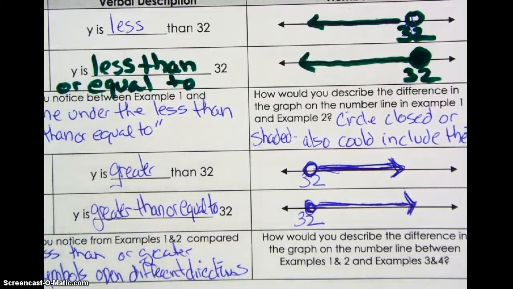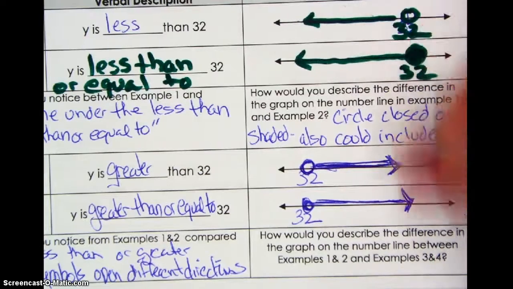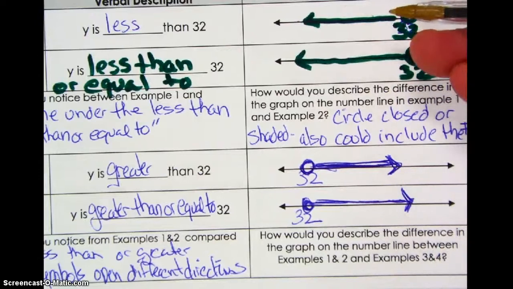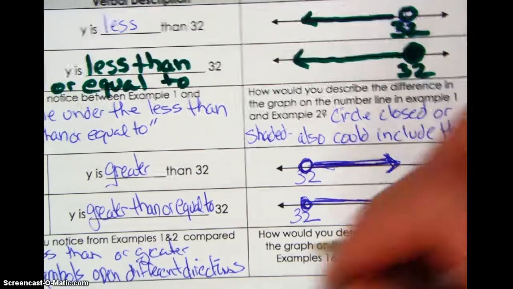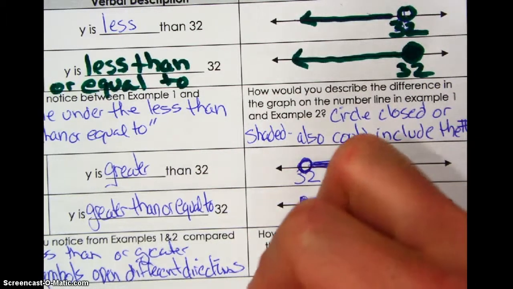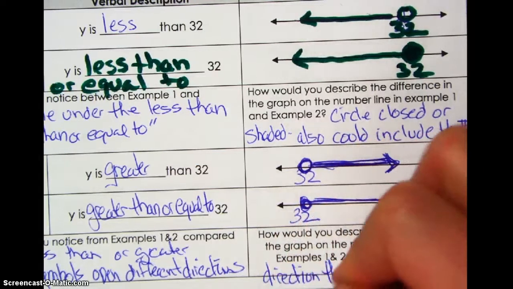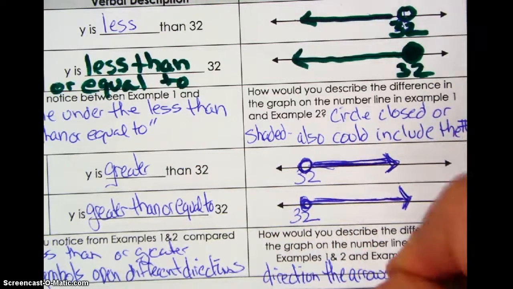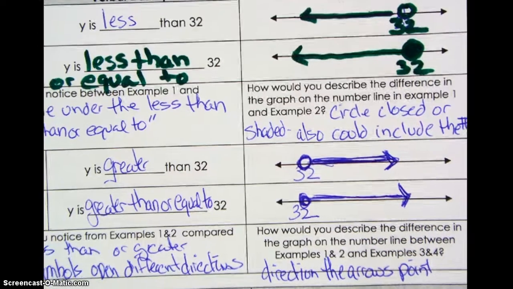What's the only difference? Okay, which way the arrows point, right? One's going left and one's going right. So the answer is the direction the arrows point indicates less than or greater than.